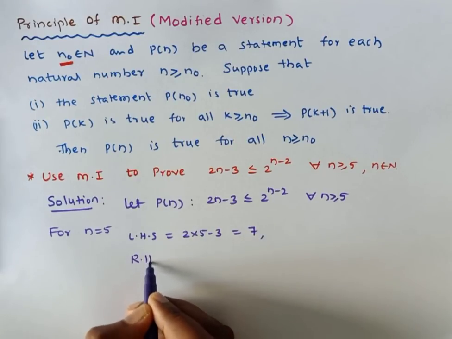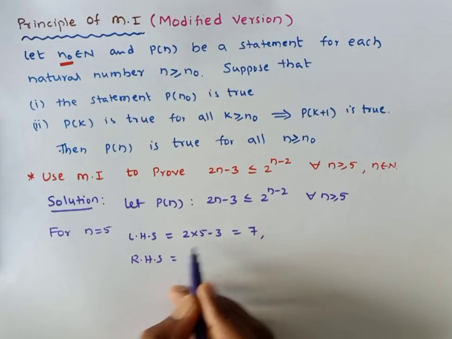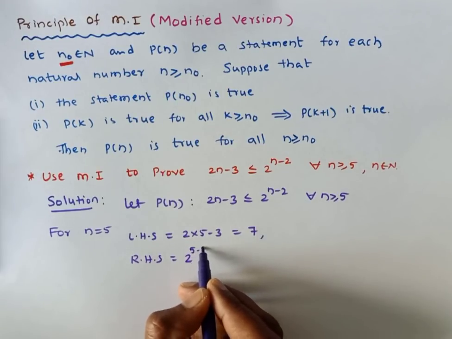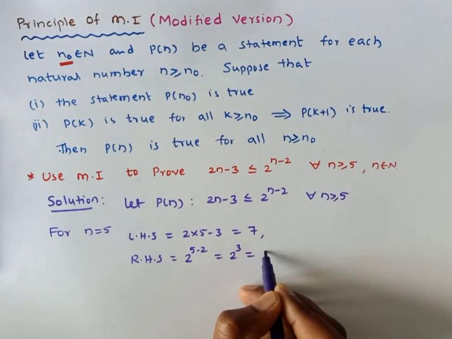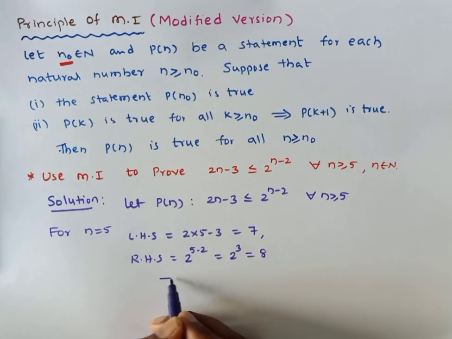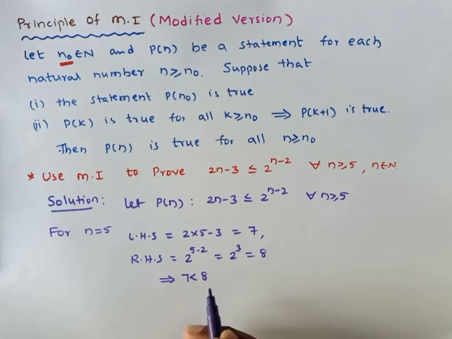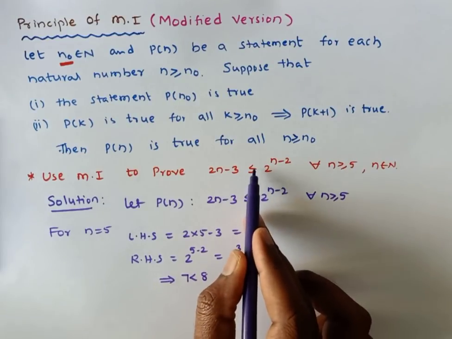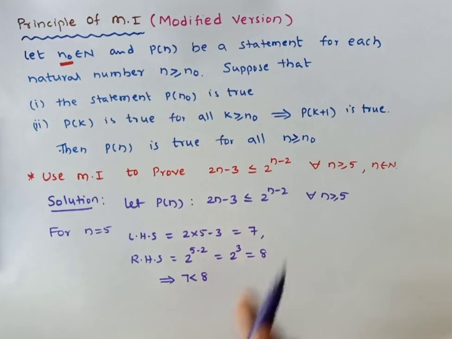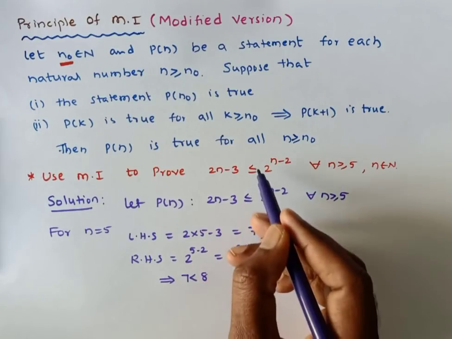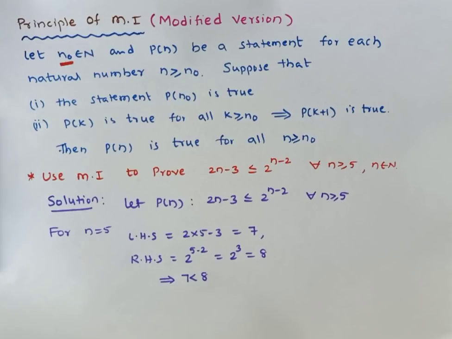And RHS is 2 to the power of 5 minus 2, that is 2 to the power of 3, which is 8. This implies LHS is less than RHS, or 7 is less than 8. There is an equal to symbol also, so it may be less than or equal. So this satisfies the first condition.